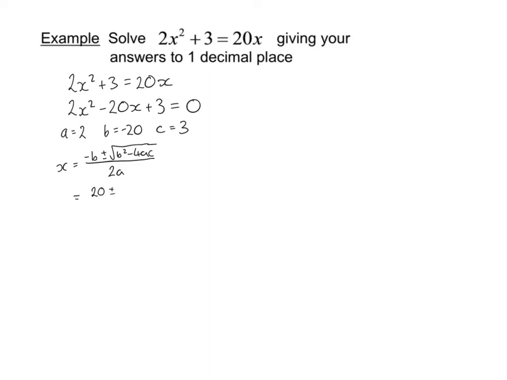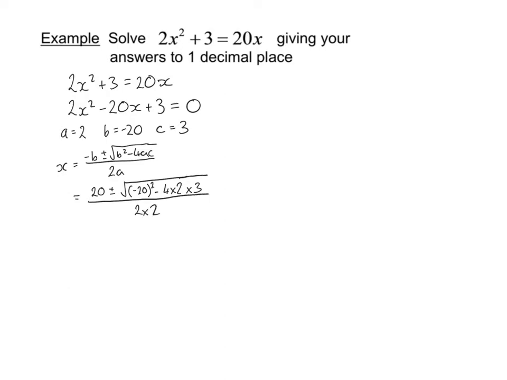So positive 20 plus or minus the square root of, and again we're going to have negative 20 in here. It's going to have to go in a set of brackets. We always sub negatives in brackets. So negative 20 all squared minus 4 times 2 times 3. Make that square root sign a bit longer. All over 2a, so 2 times 2.